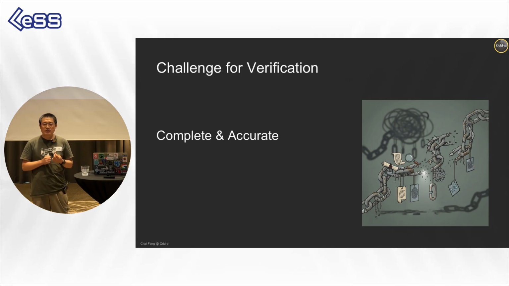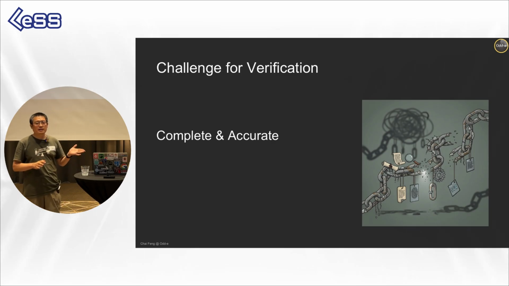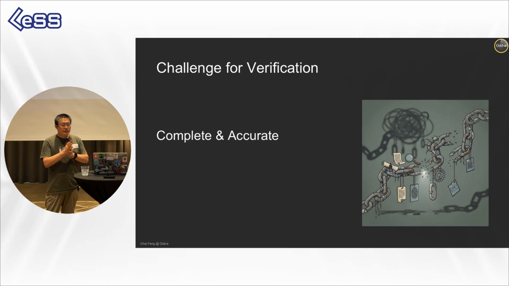Completeness means the evidence chain has to cover the entire general dependency graph. And we have to prove where every dependency comes from, or their trusted sources. Especially the third-party ones. It's not enough to just list them.